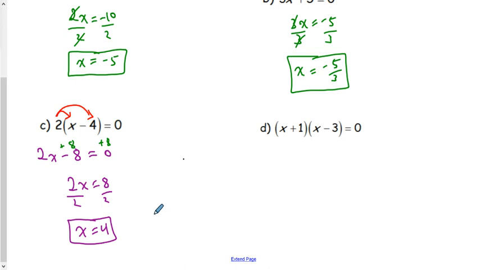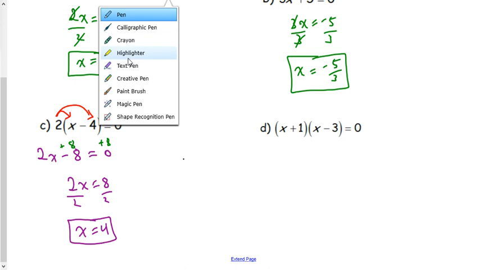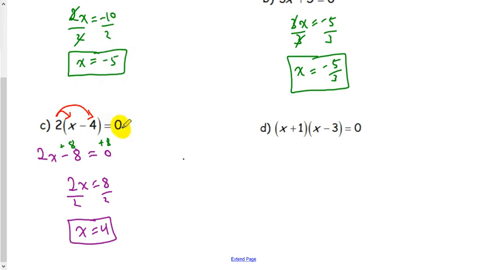So that's one way to do that, but here's another way that you might think about doing that. I notice on the right-hand side here, this equals 0. Now I've got 2 times the stuff in the bracket equals 0. Well, I know if I'm getting an answer of 0, one of those things must equal 0, right?